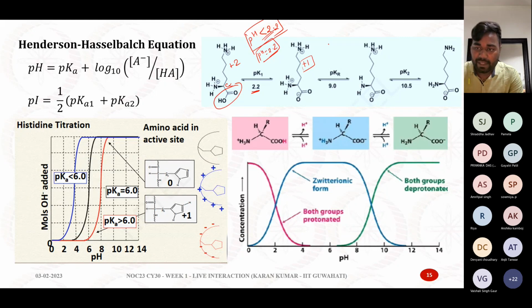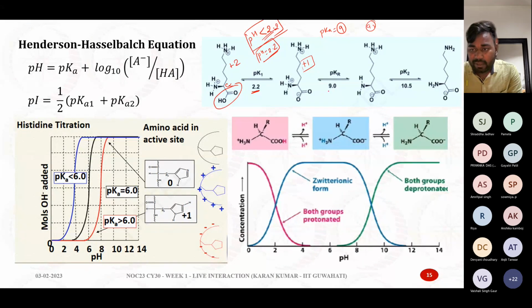Now at a pK value of 9.5, you need that pH to lose the proton from the alpha amino group, right?